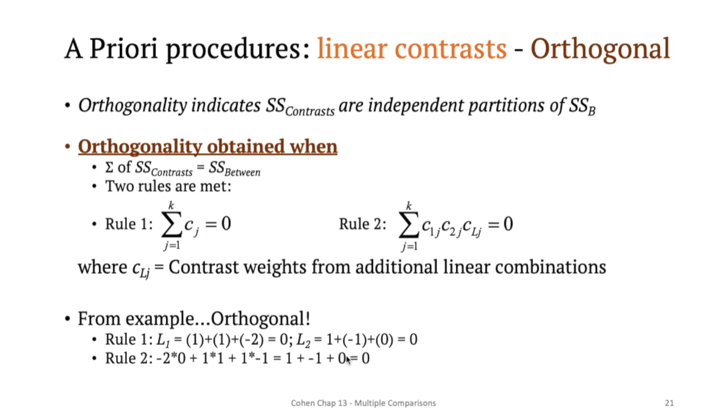When you do all that math, it's 0, which means all these contrasts were orthogonal. That's one of the rules that you want to be careful about when you do any linear contrasts, that they are orthogonal, because it gives you more interpretable information.